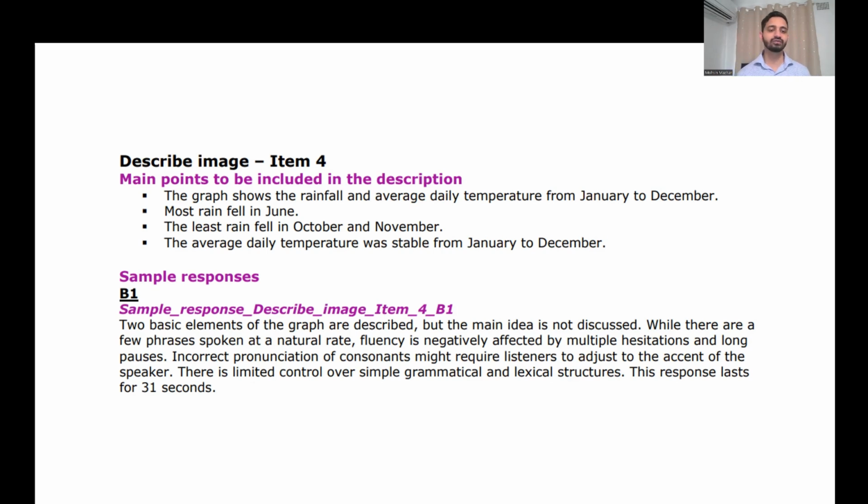While there are a few phrases spoken at a natural rate, fluency is negatively affected by multiple hesitations and long pauses. Incorrect pronunciation of consonants might require listeners to adjust to the accent of the speaker. There is limited control over simple grammatical and lexical structures. This response lasts for 31 seconds.